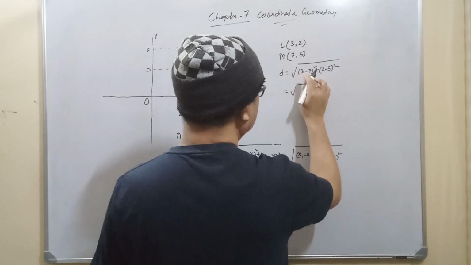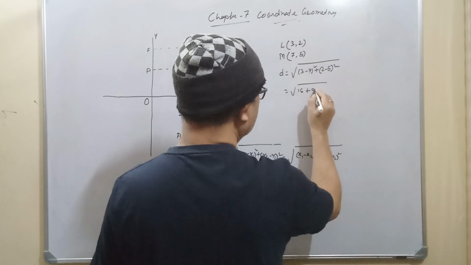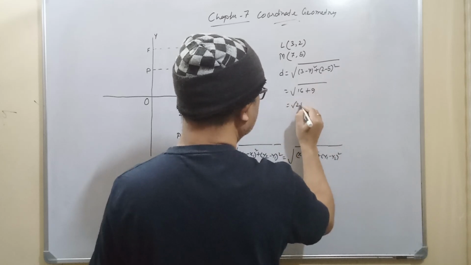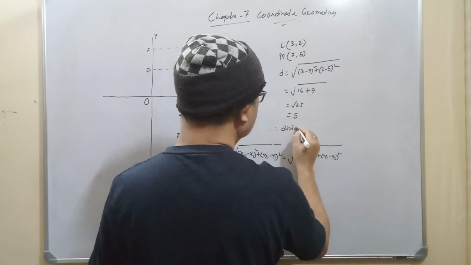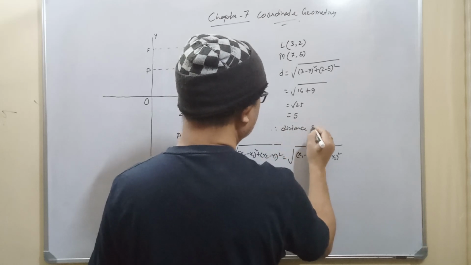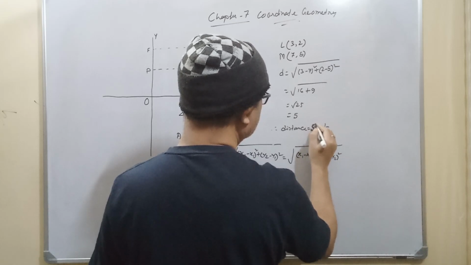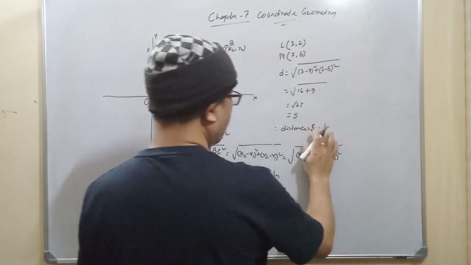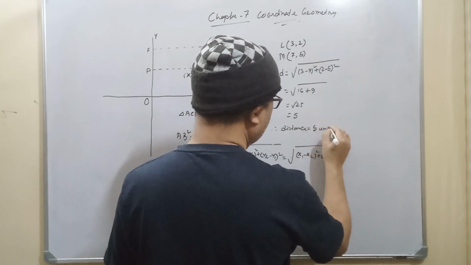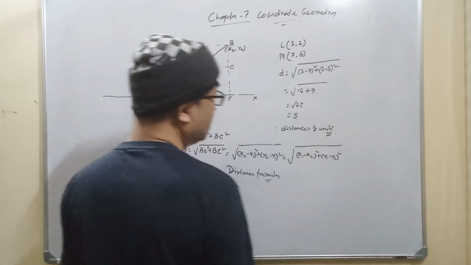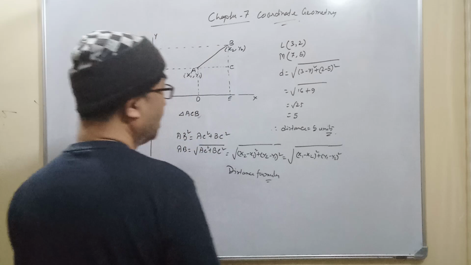This is equal to 4 square, which is 16, plus 2 minus 5, which is minus 3, square is 9. Square root of 25 is 5. Hence, the distance is 5 units. So this way we find the distance between any two points.